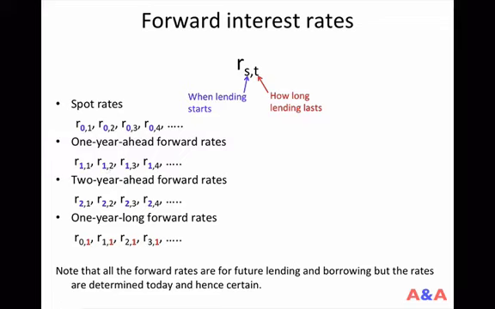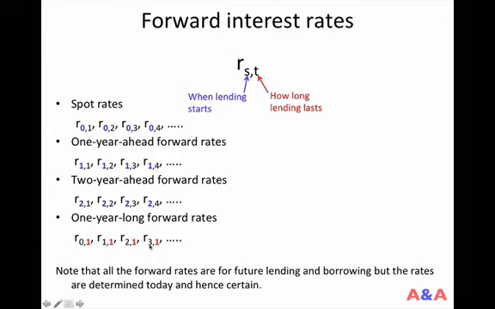The 2 year ahead forward rates have 2 as the first subscript because the lending starts 2 years from today. And 1 year long forward rates have the second subscript equal to 1. R01 is the annual interest rate for lending that starts today and lasts for 1 year.